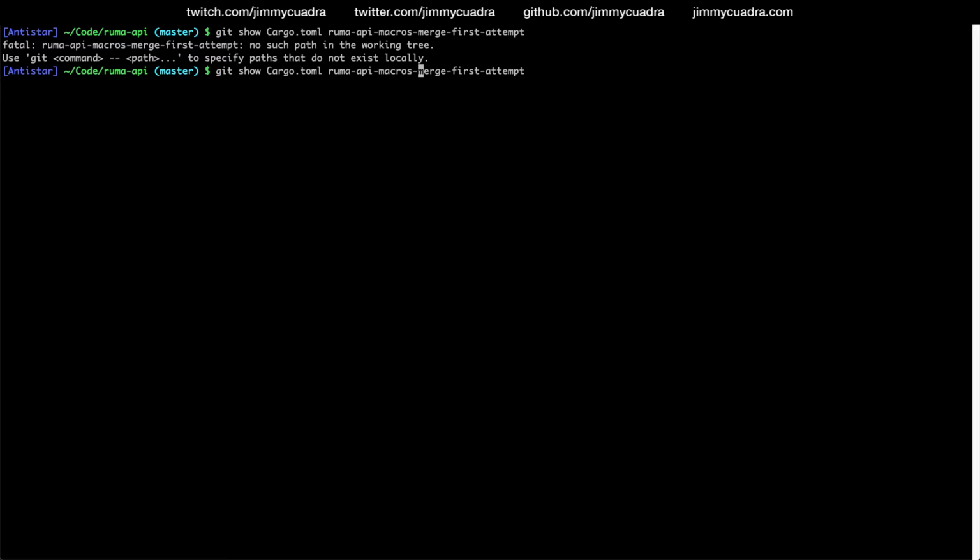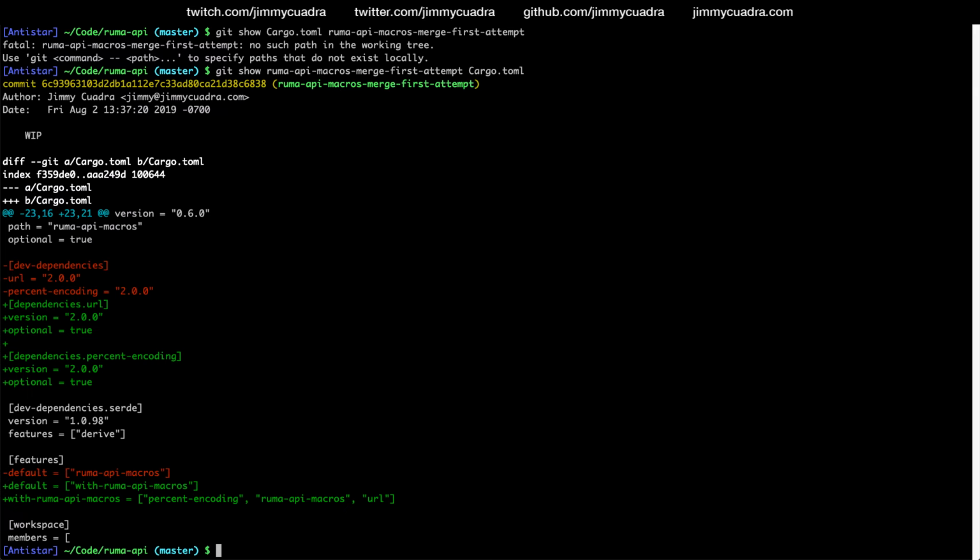I never remember which order to do those in. So the branch name comes first and then the file name. Huh. That's not what I wanted either. It's still just showing me the diff. I wanted to look at what the file looks like in the other branch without switching to the branch. Again, my git foo is apparently not as good as I was hoping.